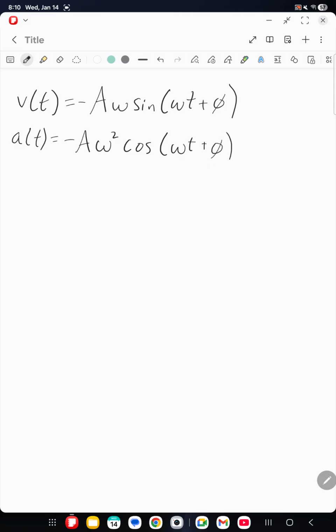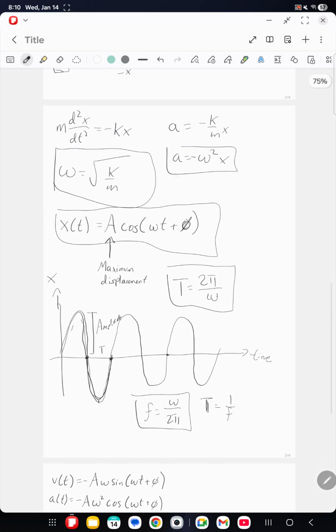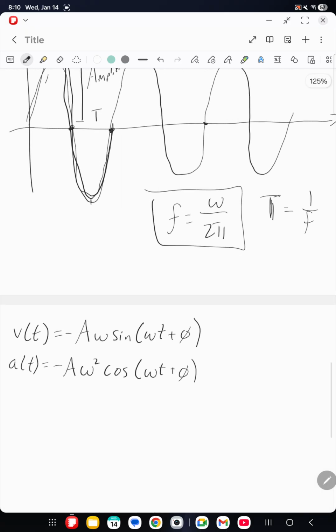So as you can see, as you grow, it kind of changes, right? So to derive the equation of motion, we'll start with cos, and then you'll have sine, and then you'll have cos.